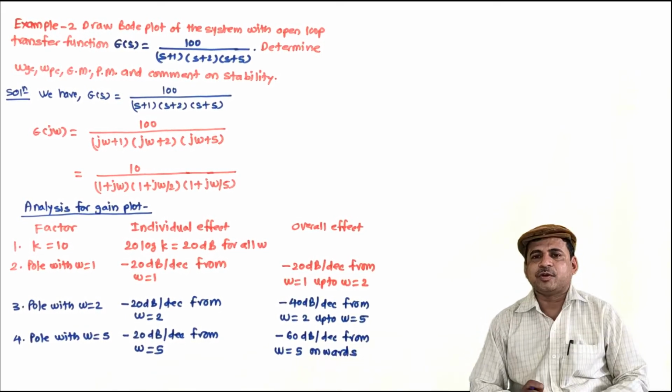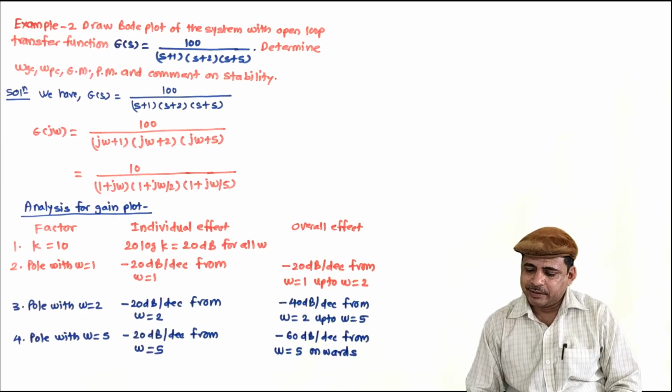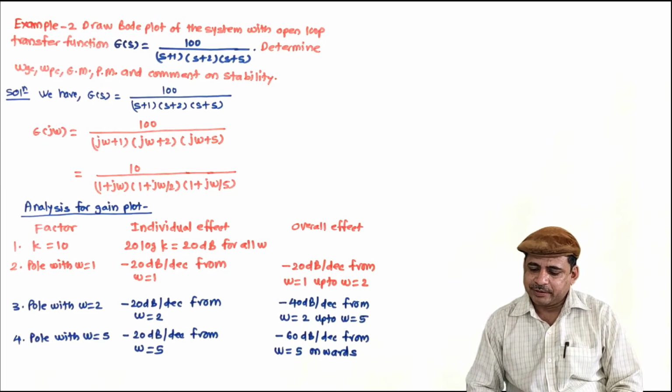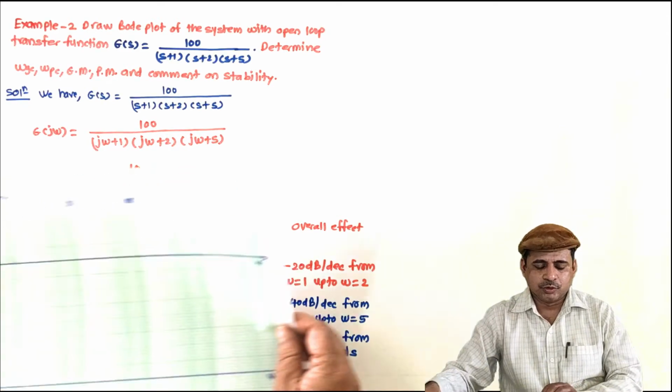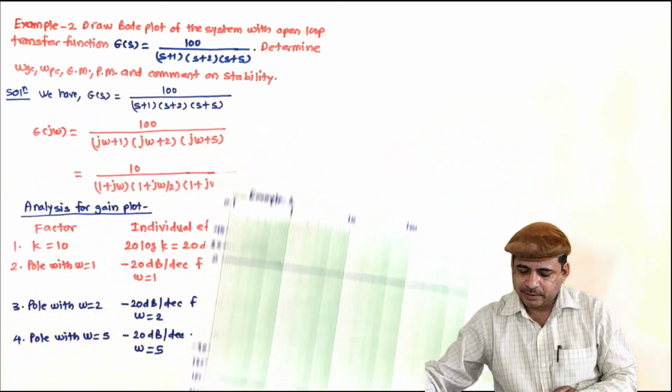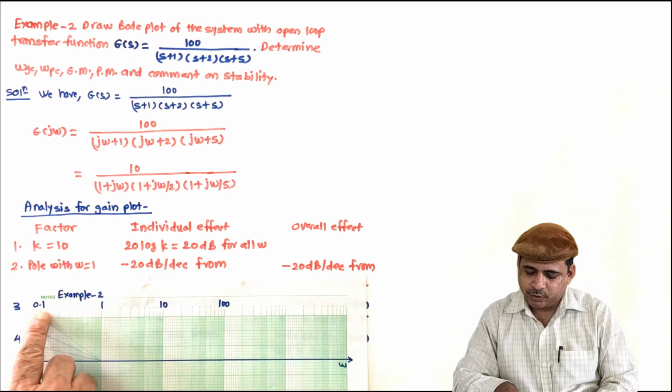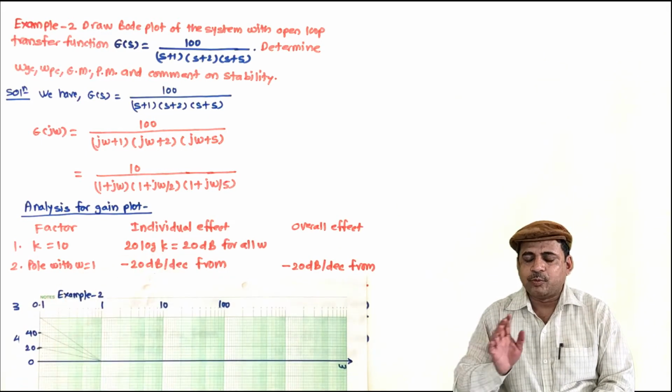So information for the gain plot is acquired, and now let us draw it on the plot. Here the starting frequency is chosen as 0.1 and there is no pole at origin.